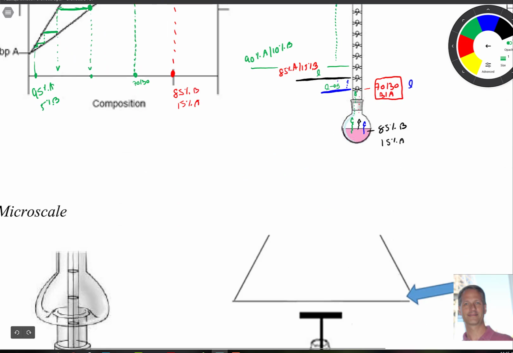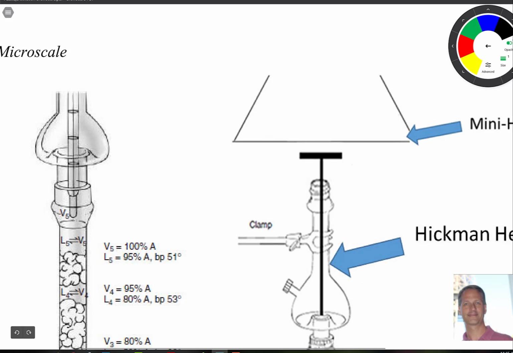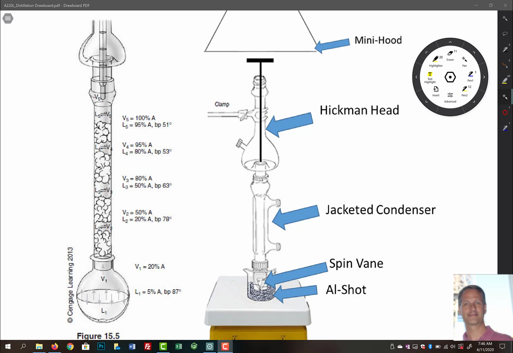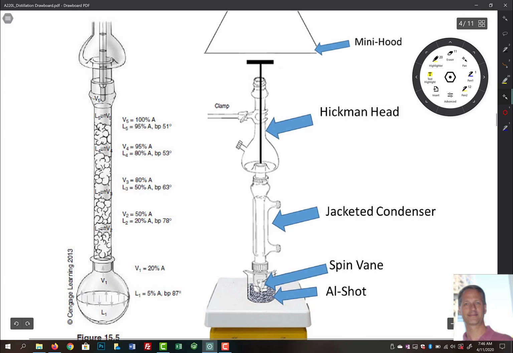And the principle is essentially the same for microscale, except the glassware looks a little bit different. This diagram over here really explains what I was just talking about. If you look down here at the bottom, you have this liquid that has a 5% composition of compound A with a boiling point of 87. So the first vapor that comes off of this has a composition of 20%.